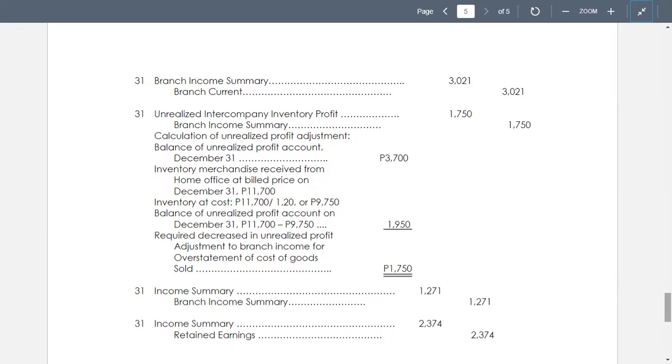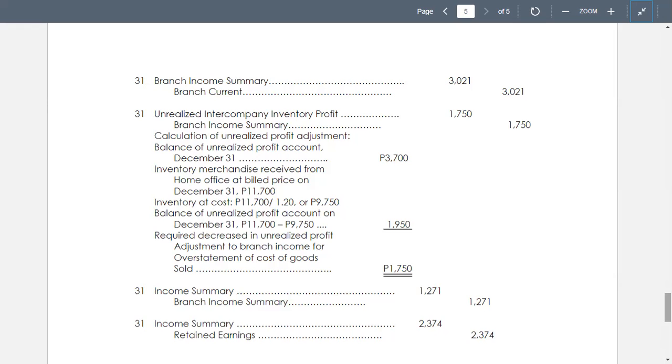If the balance of the unrealized profit is 3,700 and 1,950 applies to the ending inventory at bill price, meaning 1,750 is the required decrease in unrealized profit adjustment to branch income for overstatement of cost of goods sold.